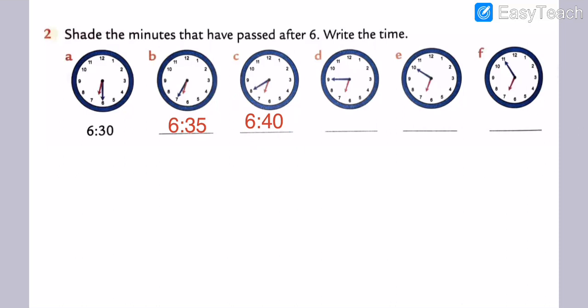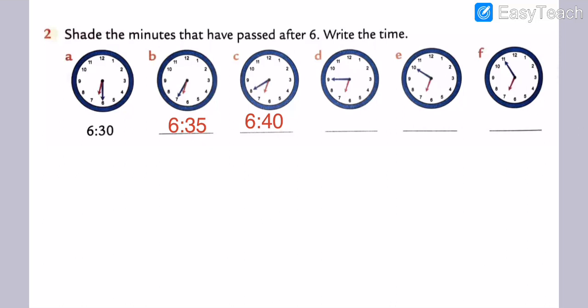Then after that, my dear students, we will move on to clock D. What is the time of clock D? First of all, we check the hour hand. The hour hand is between 6 and 7, and the minute hand is on 9, and 9 shows 45 minutes.